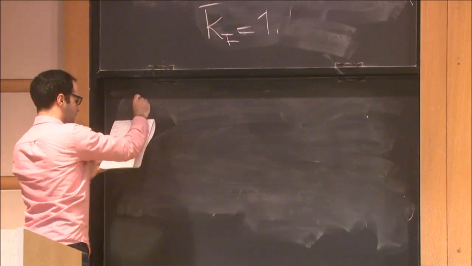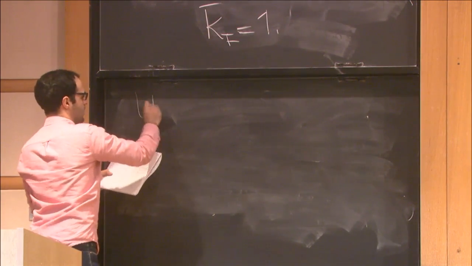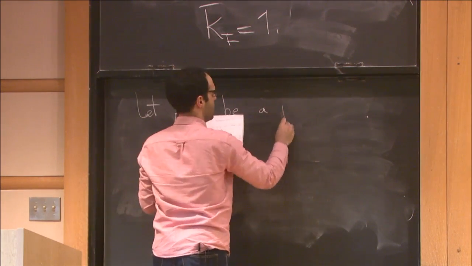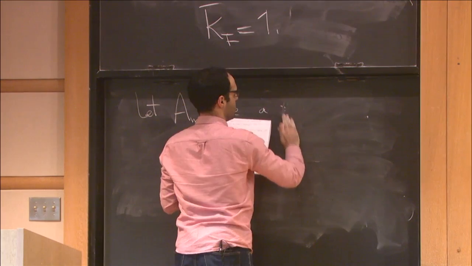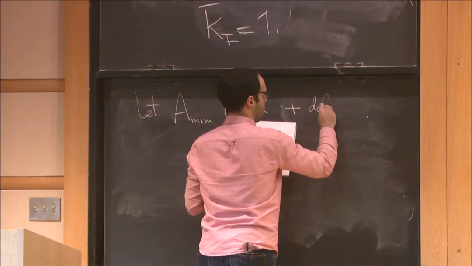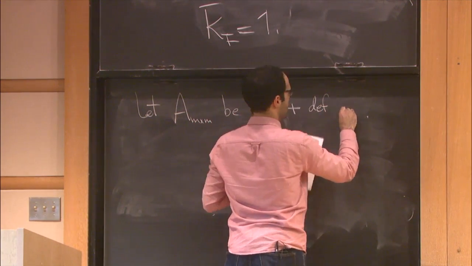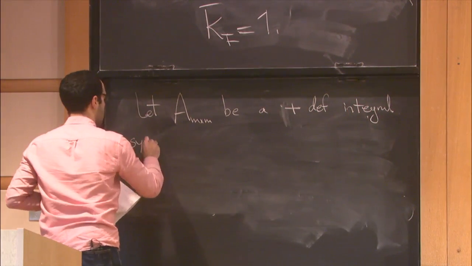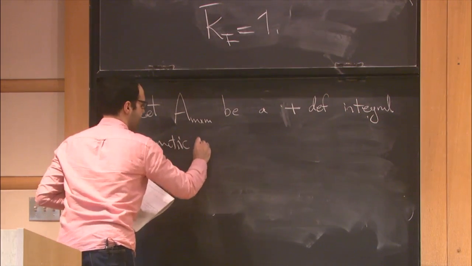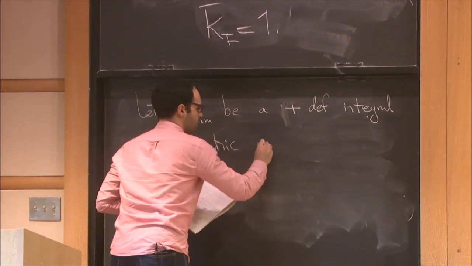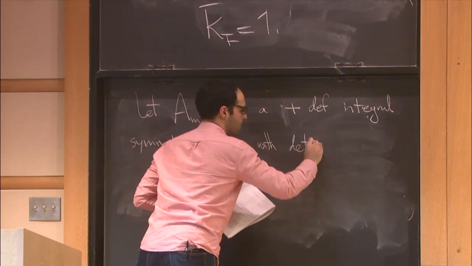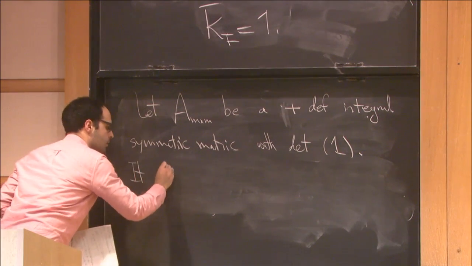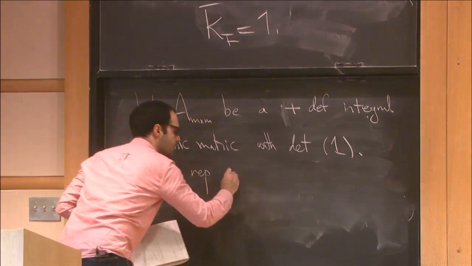So it's elementary to state. Let A, m by m, be a positive definite, integral, symmetric matrix with determinant 1, and assume that it only represents even numbers.